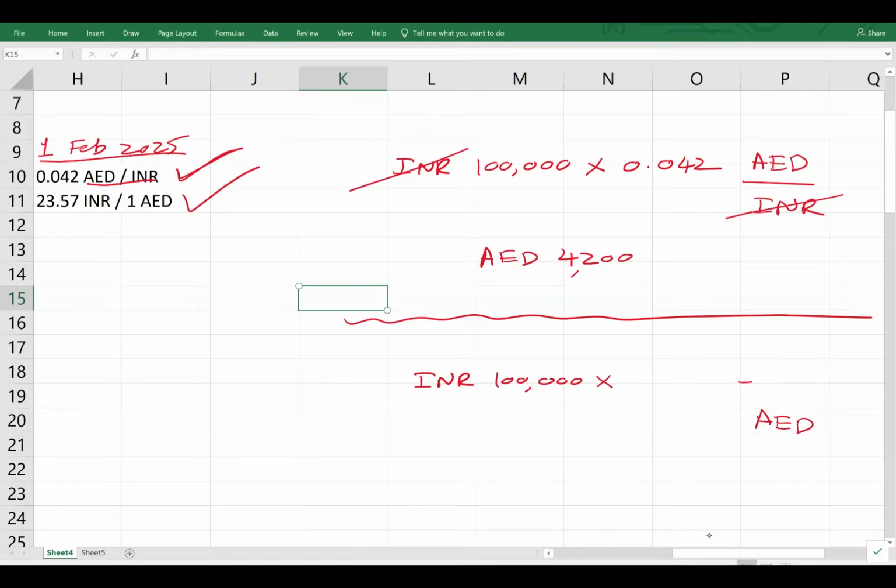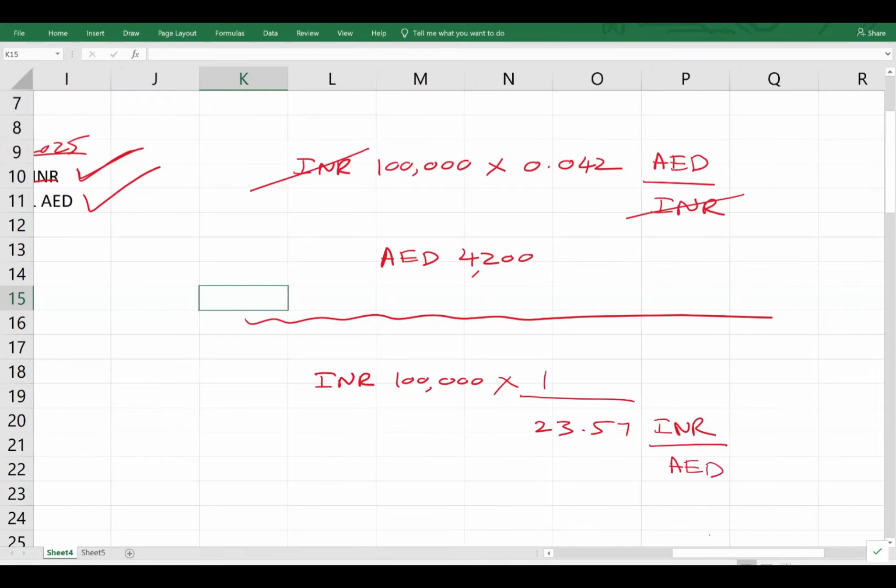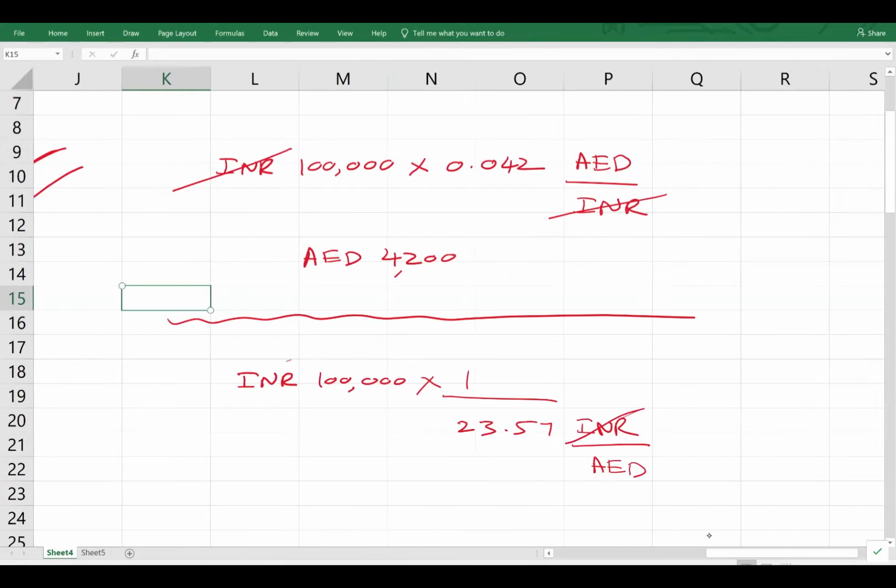We should divide it. So when we divide it, which is 1 over 23.57 INR over AED, look here, INR will cancel with INR.